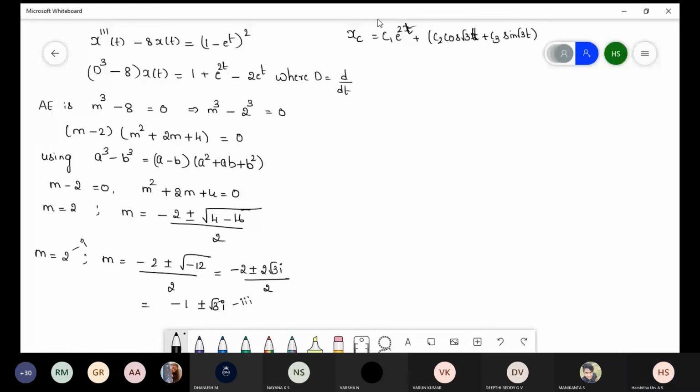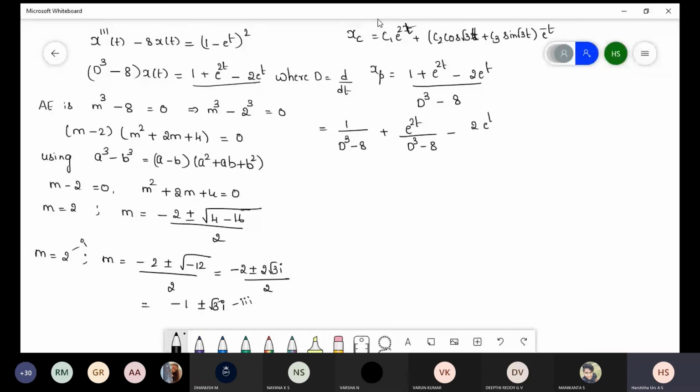Now xp is equal to, first you write this term 1 plus e power 2t minus 2 into e power t divided by d cube minus 8. So split individually, 1 divided by d cube minus 8 plus e power 2t divided by d cube minus 8 minus 2 into e power t divided by d cube minus 8.